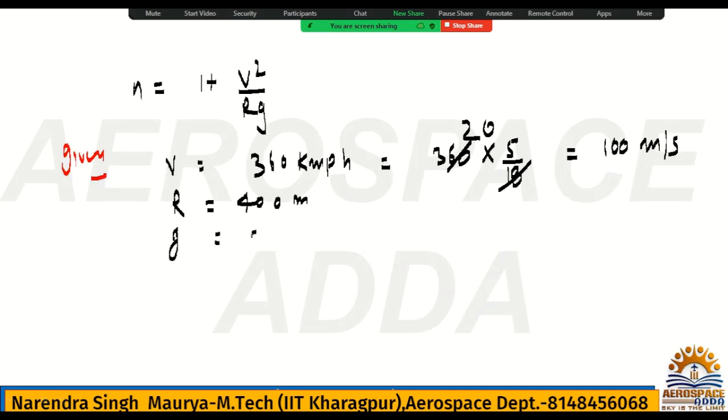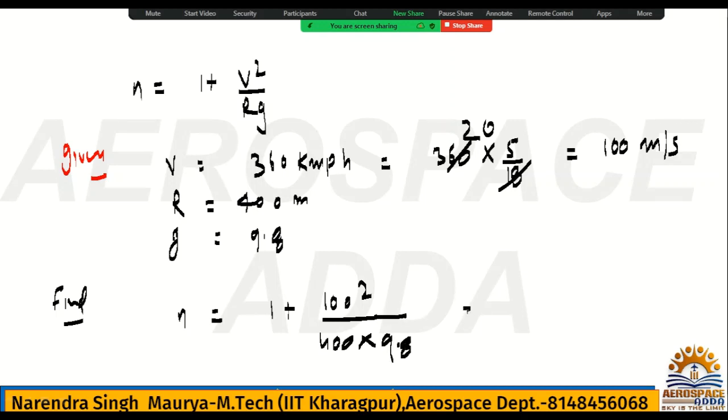g already they have given. If they have not given it also, you can calculate. So n is equal to 1 plus v, which is 100, squared, divided by 400, divided by 9.8. 1 plus 2.55 is nearby 3.55.